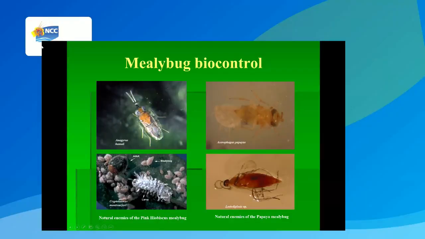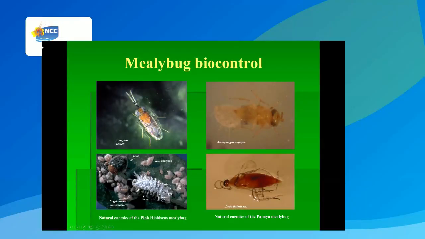The two on the right, the top one being a tiny wasp again, Acerophagus, which is a parasitoid or parasite of the pawpaw mealybug. And the bottom right photo shows the naturally occurring type of fly that is parasitic on those mealybugs as well.